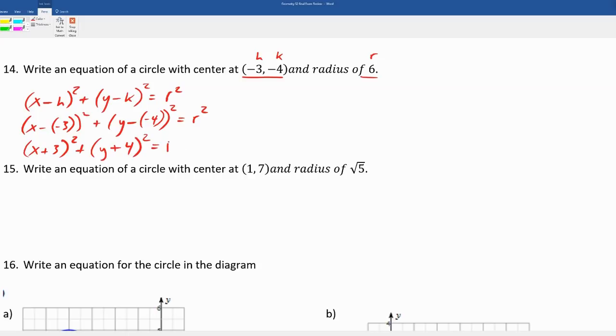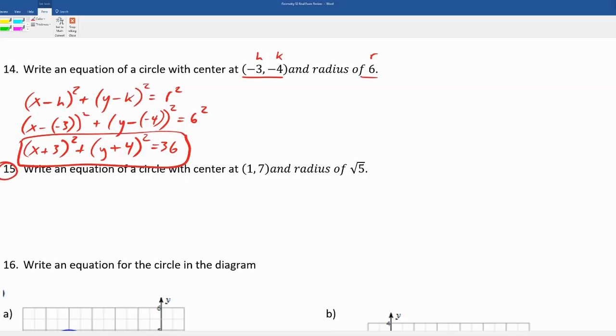And then don't forget your r is 6. So I should have probably written in 6 there. And then 6 squared, let me clean it up a little bit. There we go. 6 squared is 36. And boom goes the dynamite. That is our formula for our circle.